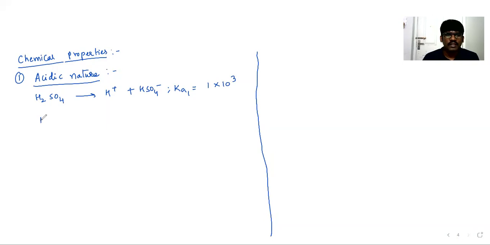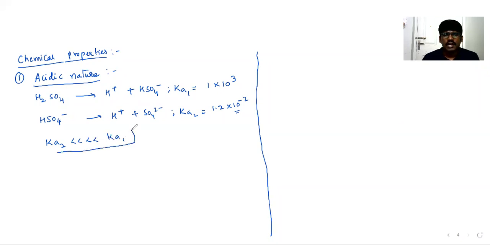But when it comes to the HSO4 minus ion, it can form H plus and SO4 2 minus. For this, Ka2 is very, very low, 1.2 into 10⁻². So Ka2 is much lower than Ka1. In comparison to Ka1, Ka2 is almost negligible.